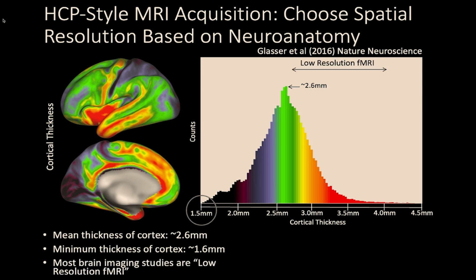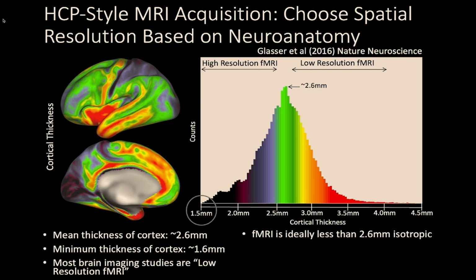Historically, most fMRI was acquired with larger voxels than our mean cortical thickness, in the range from 3 to 4 millimeters. But with the HCP, one of the things we really tried to do was push the spatial resolution higher, so that we were getting less than the mean cortical thickness.